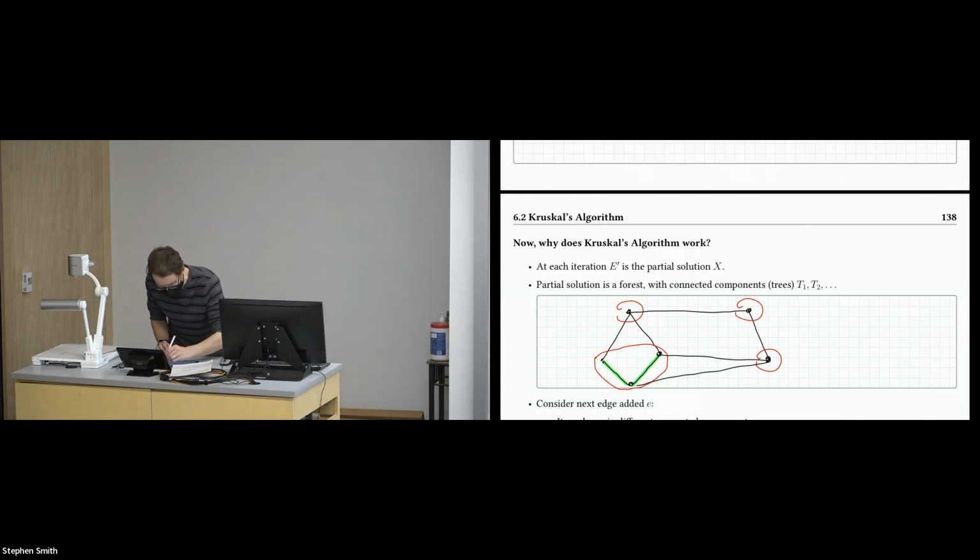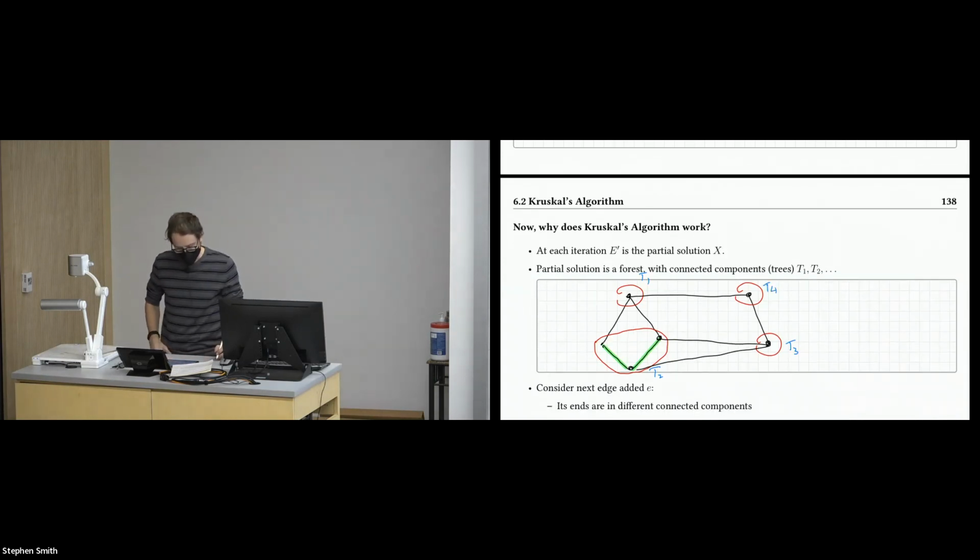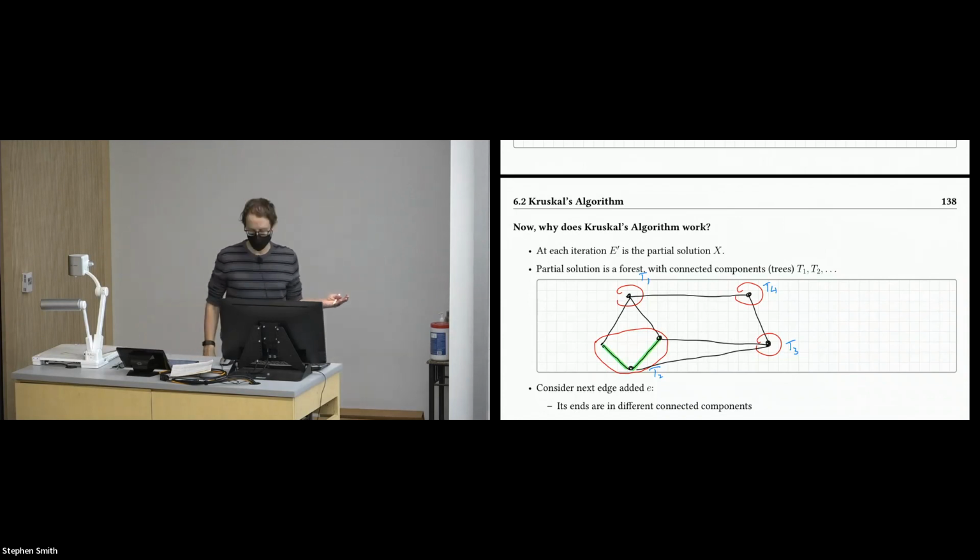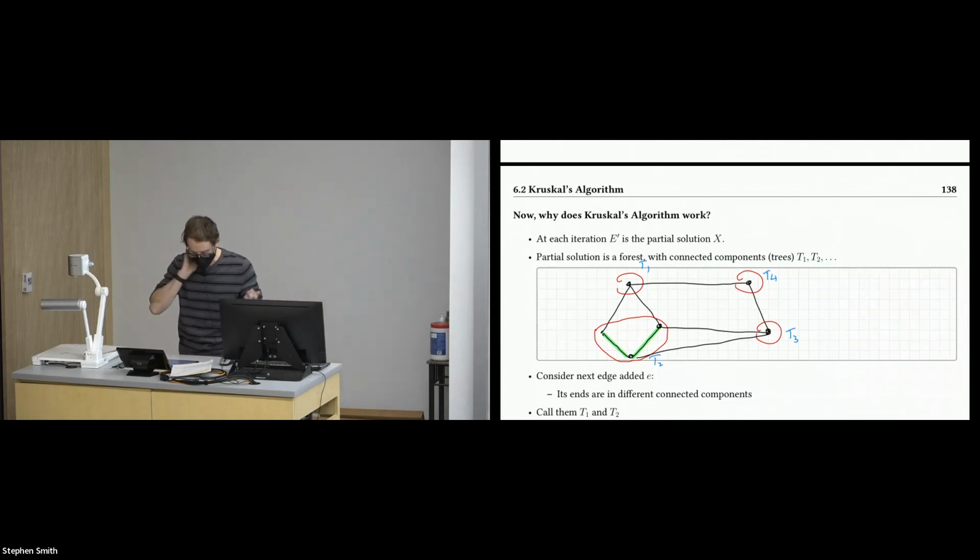So these are my trees, I guess, like T1, T2, T3, T4. And then when I add an edge, its ends are in different connected components. So call them T1 and T2. Maybe that means the next edge that I add is going to be this one right here.